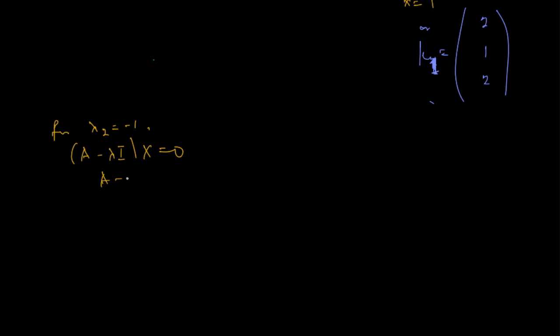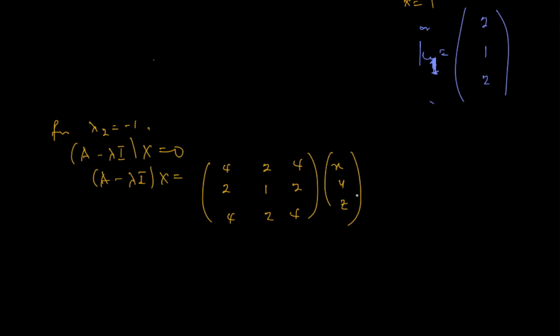So (A - λI) equals the matrix with rows 4, 2, 4; 2, 1, 2; 4, 2, 4. Then my x here is x, y, z equals 0, 0, 0. This is what I have.